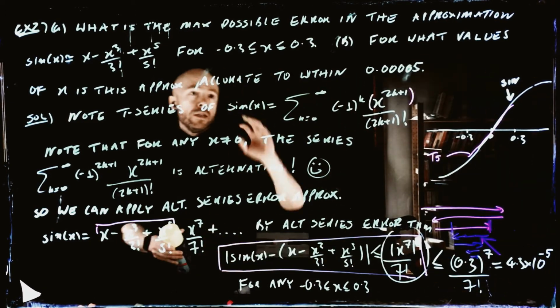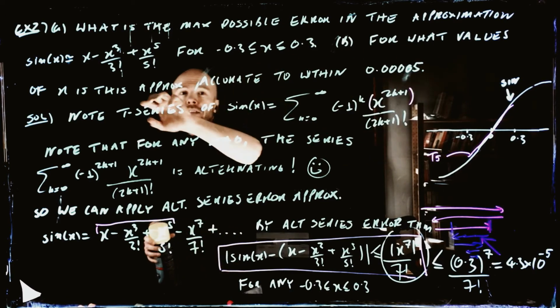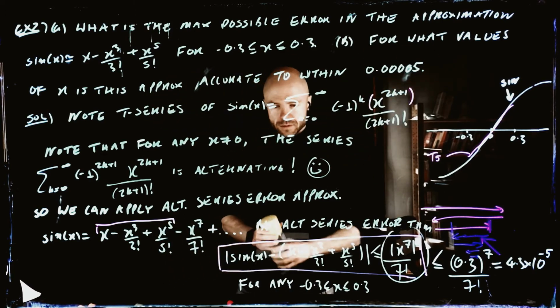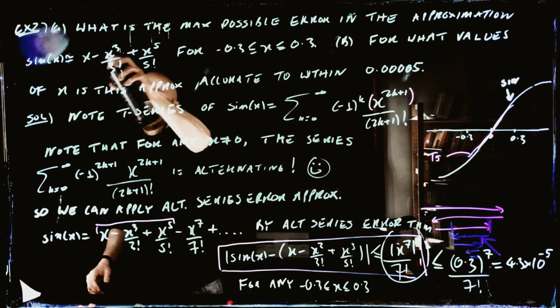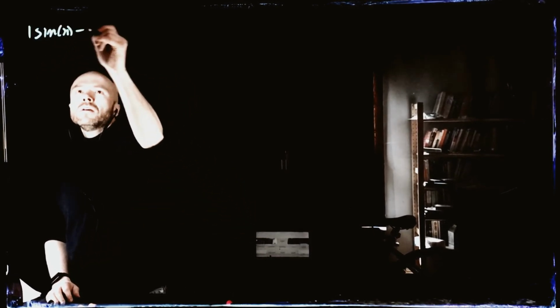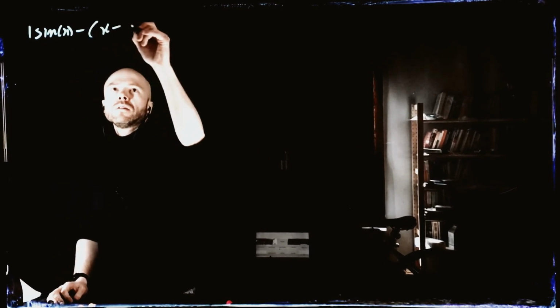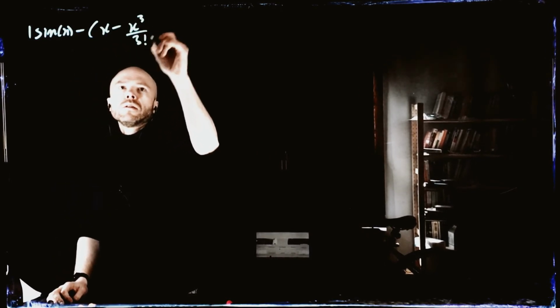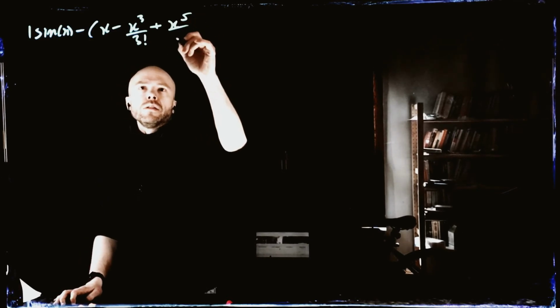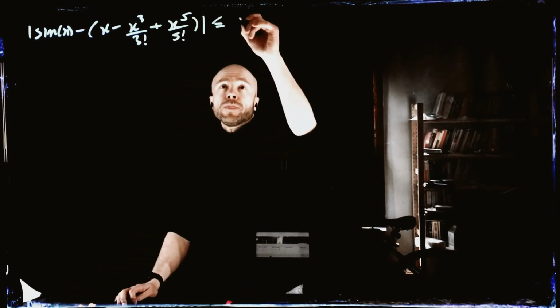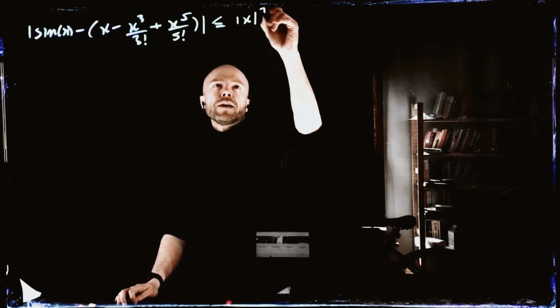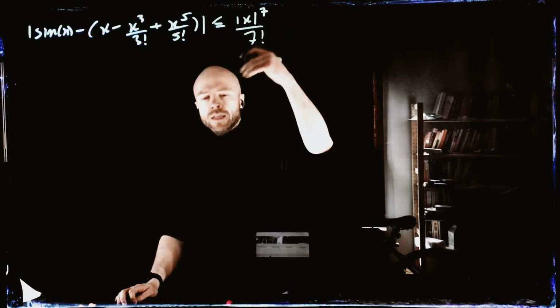So part B is for what values of x is this approximation to within this thing? Okay, think about that. Okay, what did we learn? We learned that sine of x minus the 5th degree Taylor polynomial is less than the absolute value of x to the power 7 over 7 factorial for any pre-chosen x.